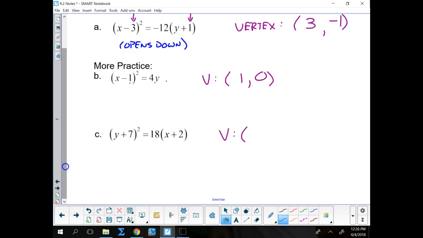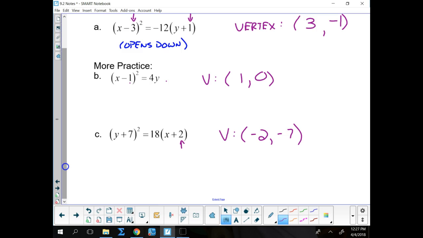The kicker here is the x term is over on that side now. It doesn't work left to right. It works by what's attached to the x and what's attached to the y. So positive 2, I think oppositely is negative 2. Positive 7, I think oppositely is negative 7. Okay? Any questions on step number 2?